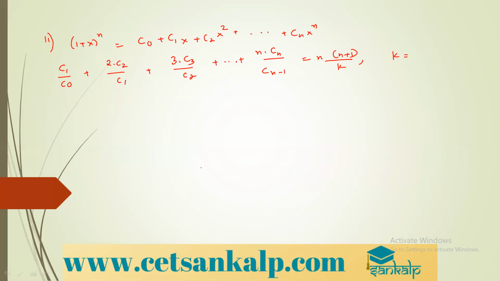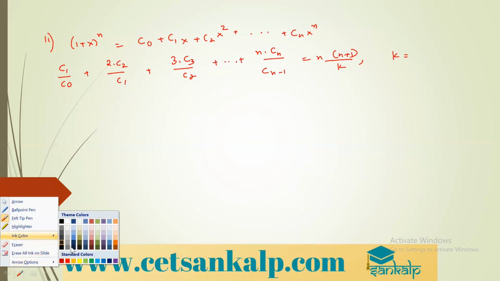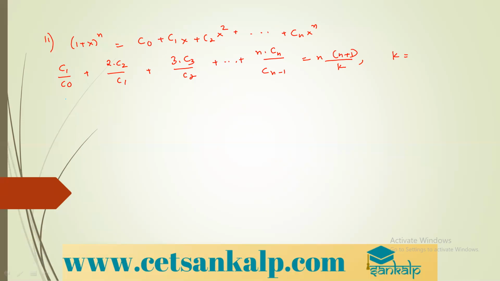So to do this, what I will do is nC1 is n, C0 is 1. Actually, instead of doing like this, I can make a formula. Easy method, I will tell you, instead of doing each and every one. Let me write this formula separately.